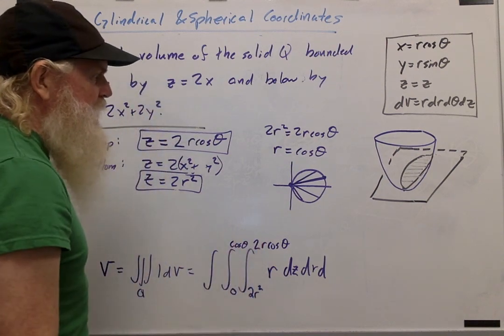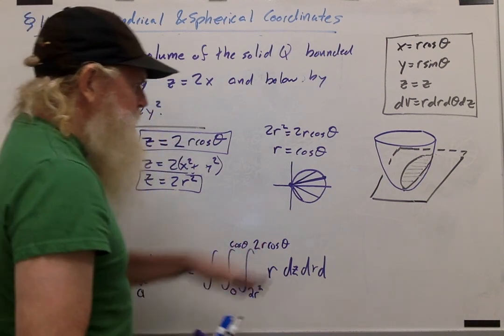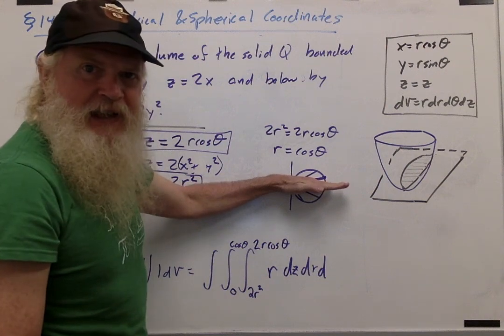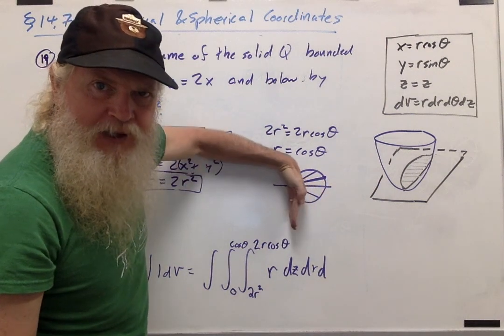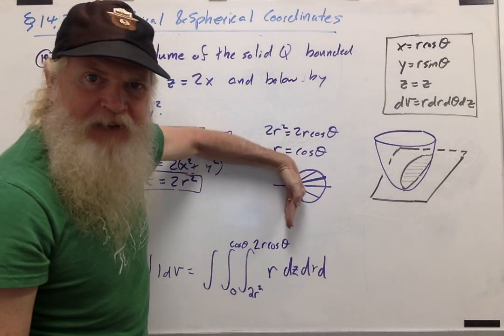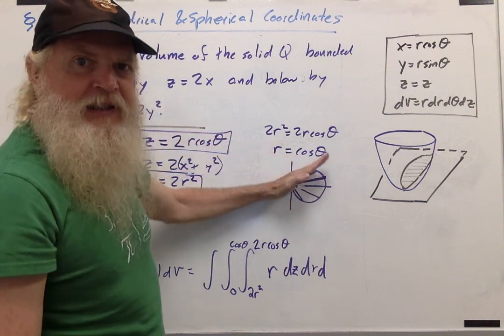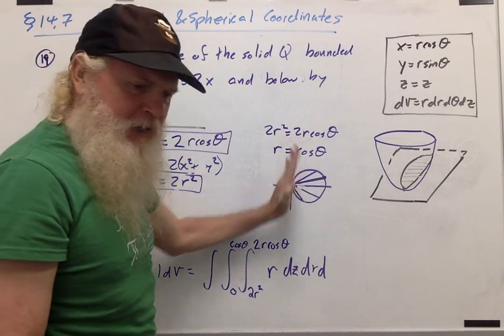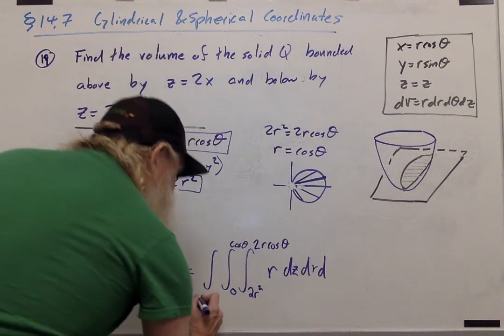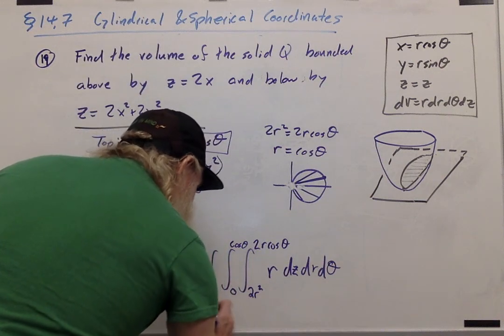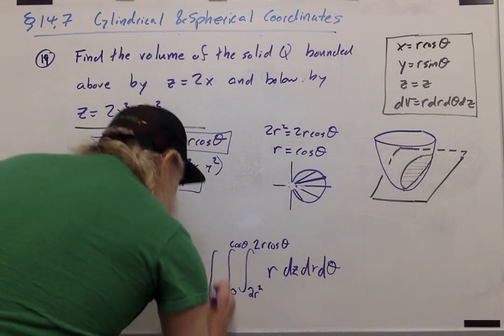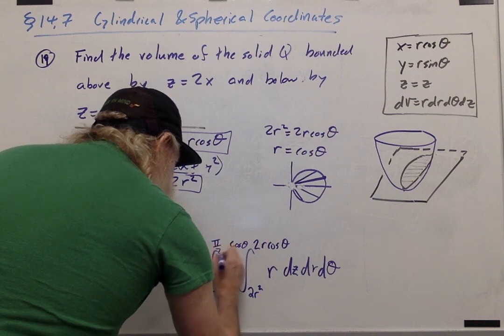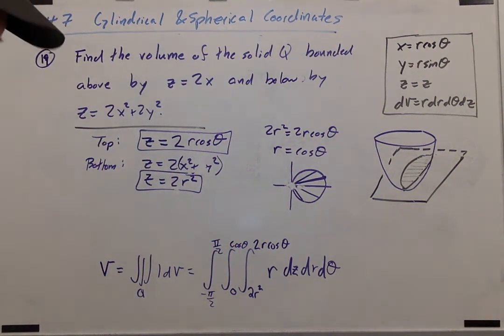So I'm going to start at r equals 0 and stop at r equals cosine theta. And then last of all, I just need to set the bounds for theta. Now remember, theta equals 0 is the x-axis, so going backwards, I'll be starting at negative pi over 2, and I'll continue until I get to positive pi over 2. So for theta, I'm going from negative pi over 2 to positive pi over 2. So now that that's set up, let's start carrying out the integral.